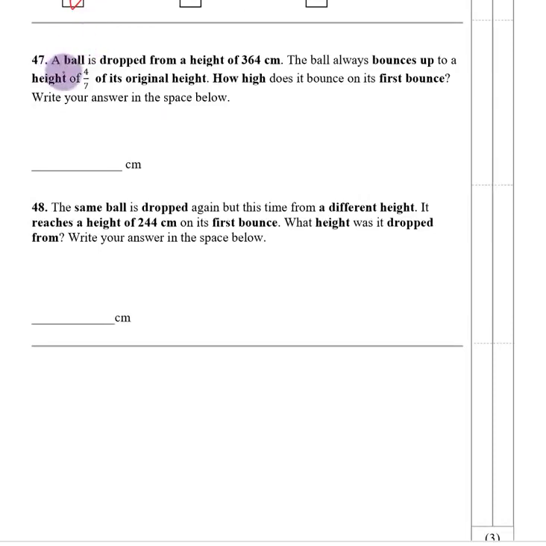Number 47. A ball is dropped from a height of 364 centimeters. The ball always bounces up to the same height of 4/7 of its original height. How high does it bounce on its first bounce? So effectively all we're doing is 4/7 of 364. So dividing by the bottom, times by the top.